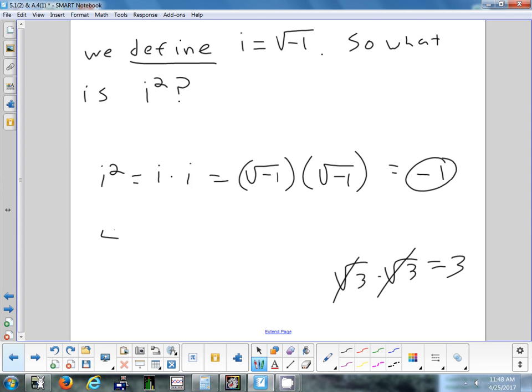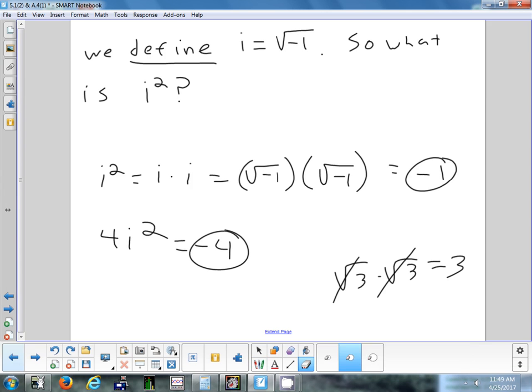So if you had something like this, 4i squared, what would that simplify to? That's negative 4. Okay, so anytime you have an i squared, don't ever leave i squared in the final answer. Always change it to a negative 1. And then do out the arithmetic. That's how we got negative 4.